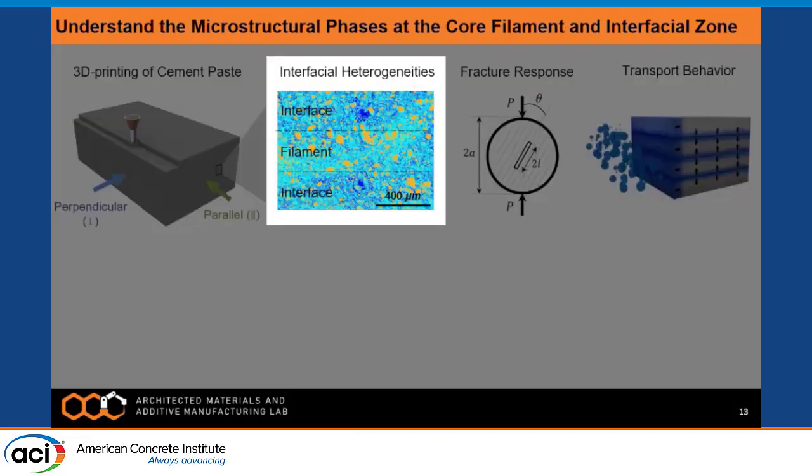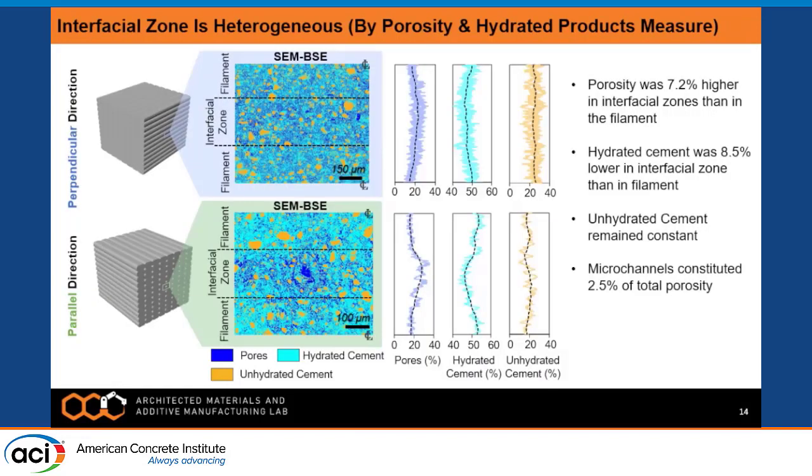This leads us to understand the microstructure phases at the core filament and interfacial region. We performed scanning electron microscopy, and from that we characterized the interfacial zone in the perpendicular and the parallel direction.